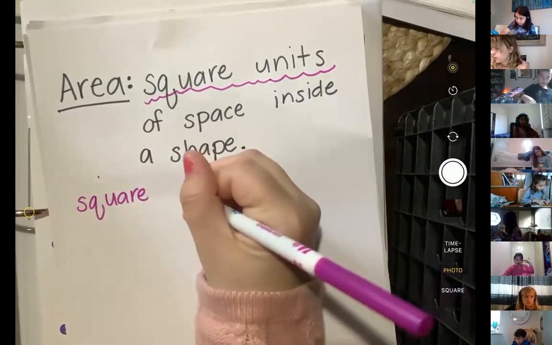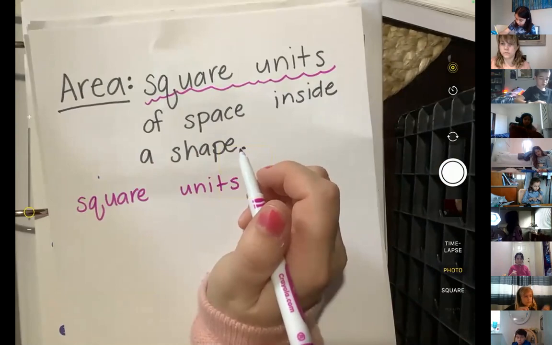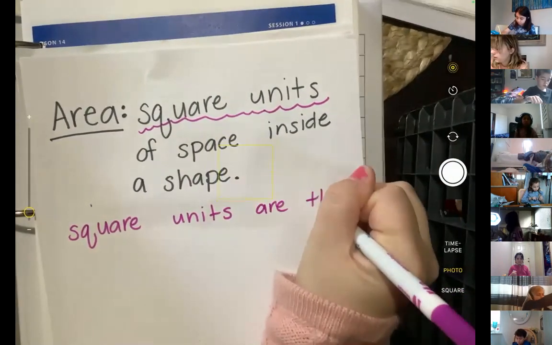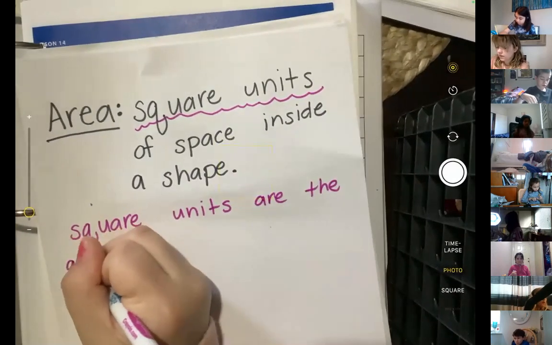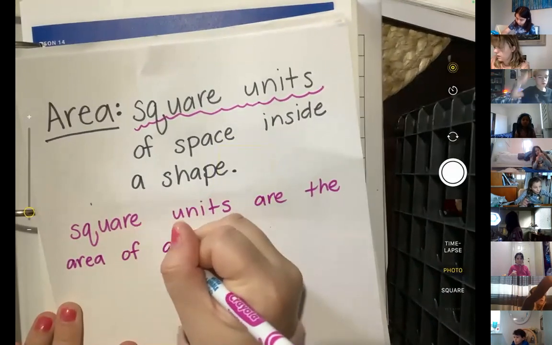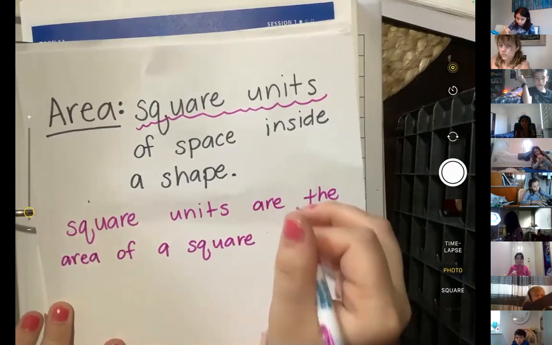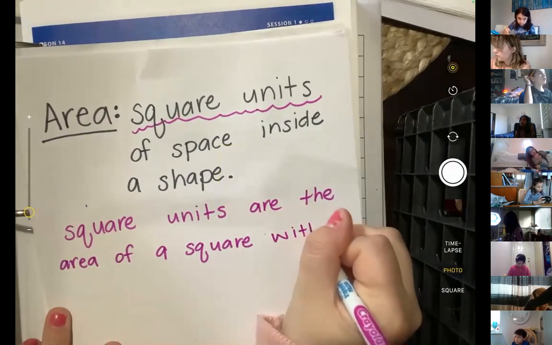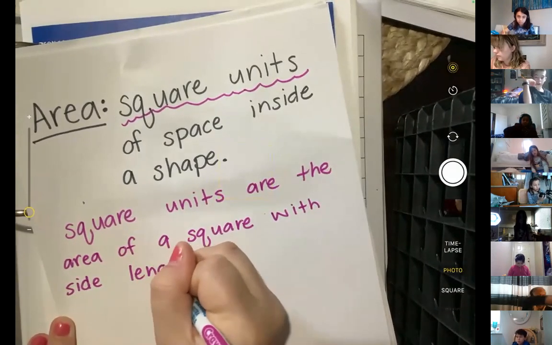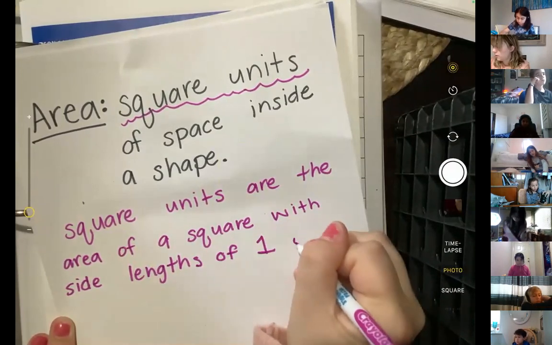Square units are the area of a square with side lengths of 1 unit.